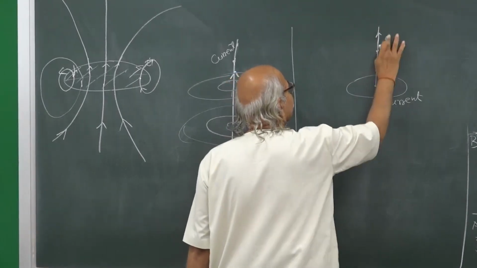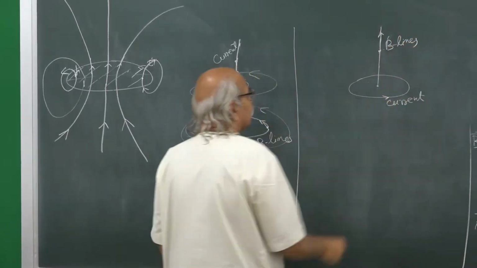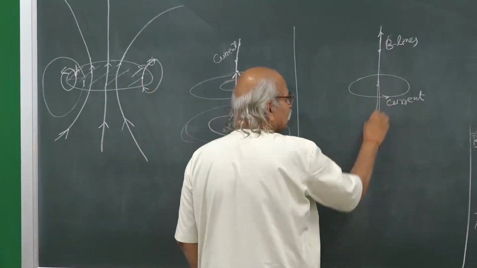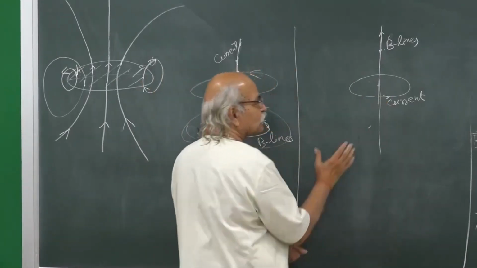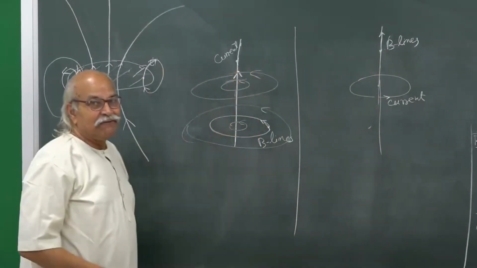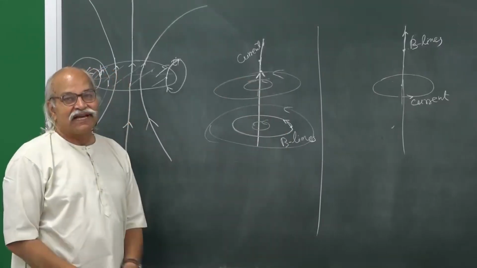So, field B lines this way. Again you can use that same rule. If you curl your fingers along the current, then thumb gives the magnetic field. If you put thumb along the current, then the fingers give you the magnetic field.